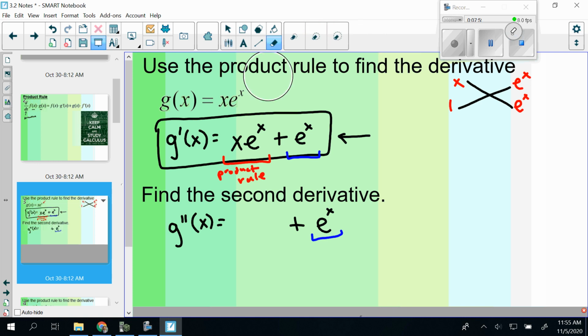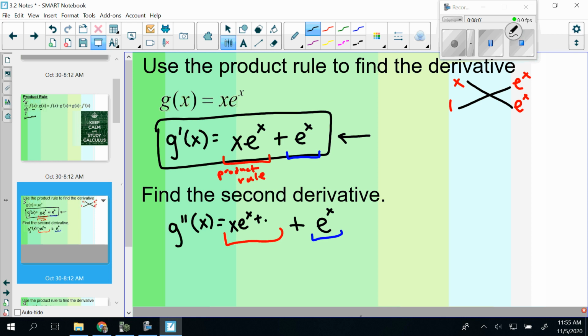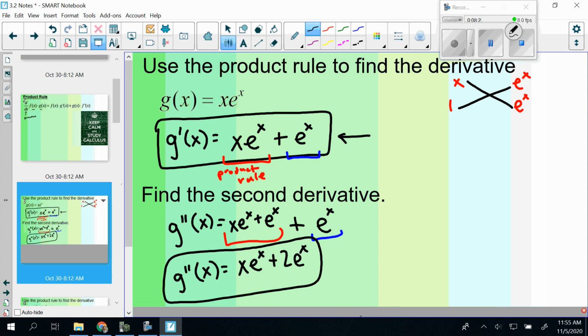So the derivative of that part should just end up being the exact same thing we just solved for. x e to the x plus e to the x. And so now the last thing we can do there is we could simplify. If you got e to the x plus another e to the x, we could write that as plus 2e to the x. And that would be our second derivative, the rate of change of the rate of change.